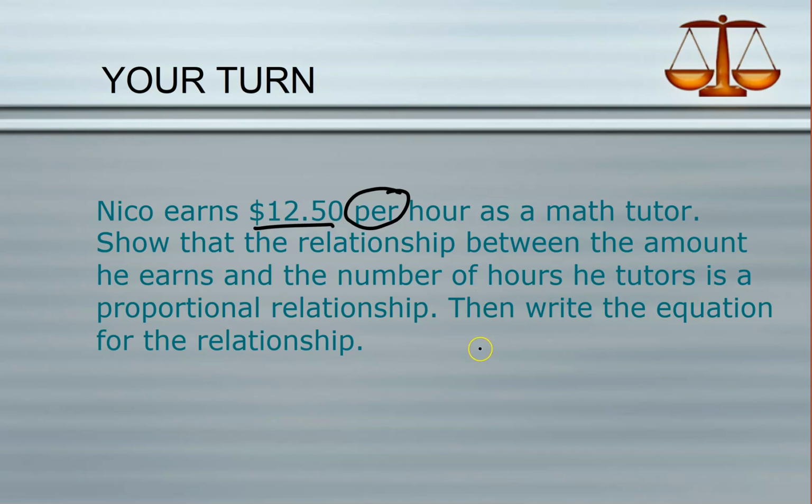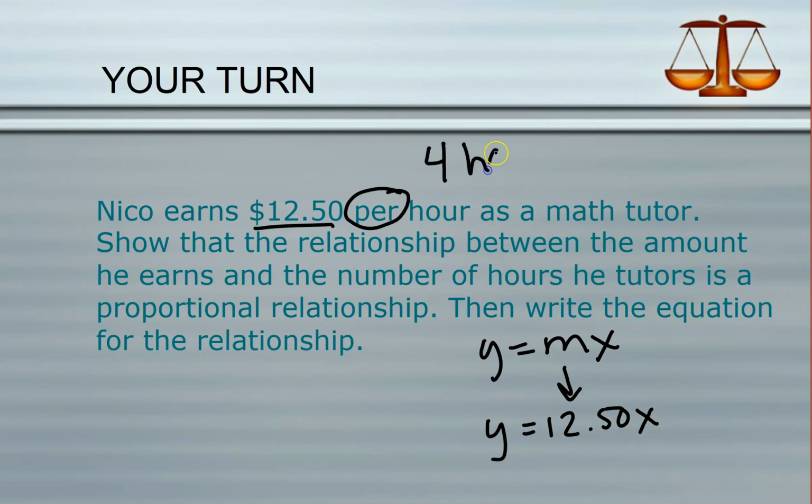So to write the equation again, y equals mx, and then my m was $12.50. Now you're asking, how does this work? Well, x will be my hours, right? So if I want to know how much you work for 4 hours, all you have to do is take this equation, $12.50 times 4.